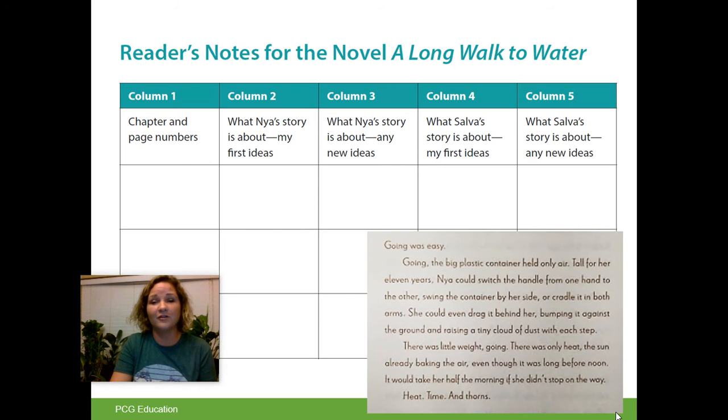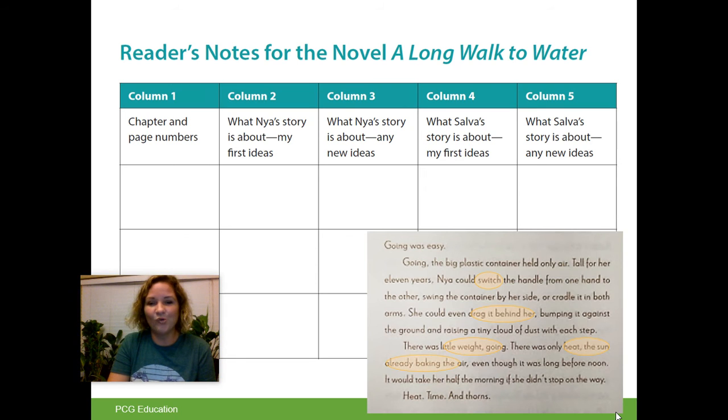is relevant. So the first thing that I found was switch. If she's switching the water jug from one hand to the next, we can infer that it's heavy or cumbersome. Same thing with dragging it behind her. It's not a very comfortable situation. Little weight going, which kind of infers that it's heavy on the way back.